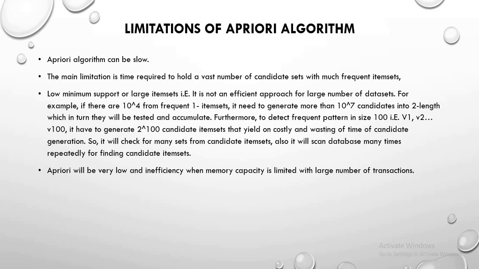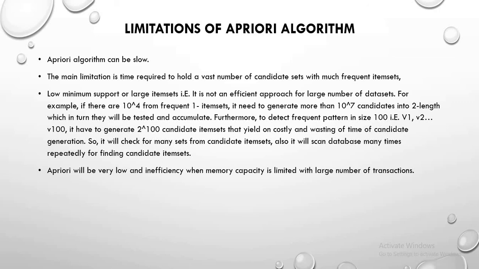The main limitation is the time required to hold the vast number of candidate sets for many frequent item sets. Even though the support is 1, again we have to create it, to show that it does not have sufficient support to go to the next table.